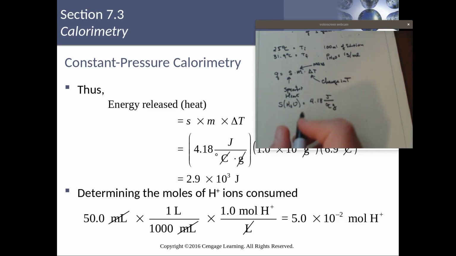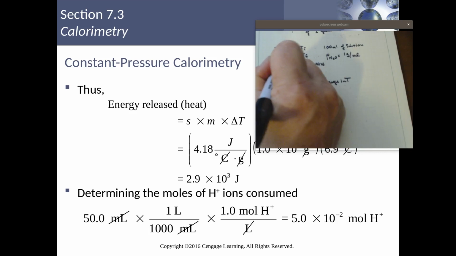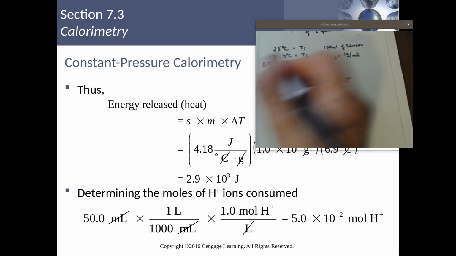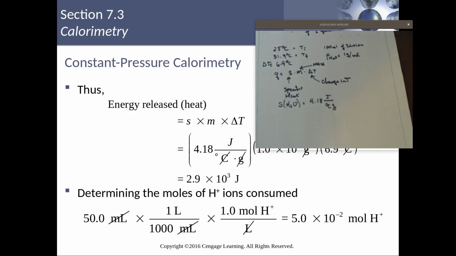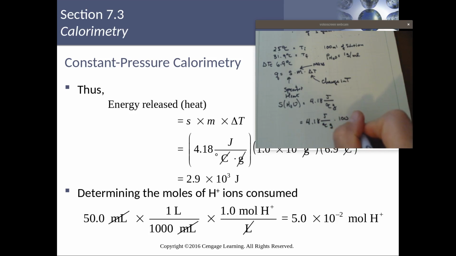And so now we have everything that we need to throw all of this together. We have a delta T that was equal to 6.9. So delta T is 6.9 degrees Celsius. All right, let's take the difference between those two, is 6.9 degrees Celsius, and now I can throw all of this stuff together. We can write this out properly: 4.18 joules per degree Celsius per gram times 100 grams times 6.9 degrees Celsius.